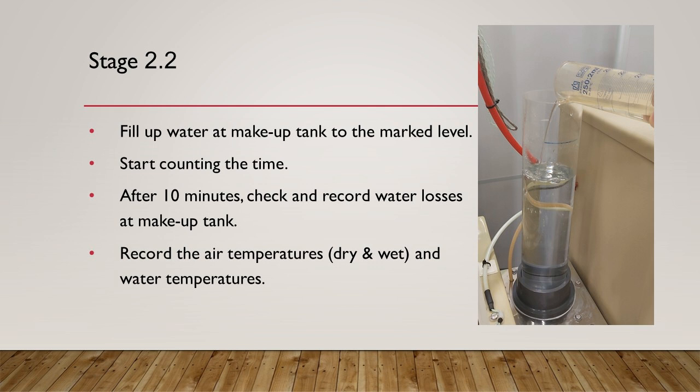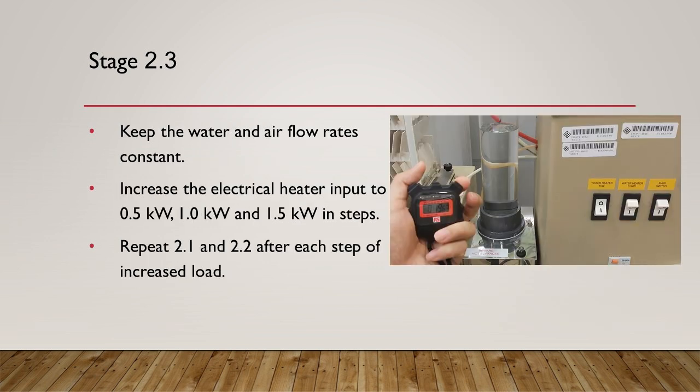Stage 2.2. Fill up water at makeup tank to the marked level and start counting the time. Check and record the water losses at makeup tank after 10 minutes. Record the air temperatures and water temperatures. Stage 2.3.